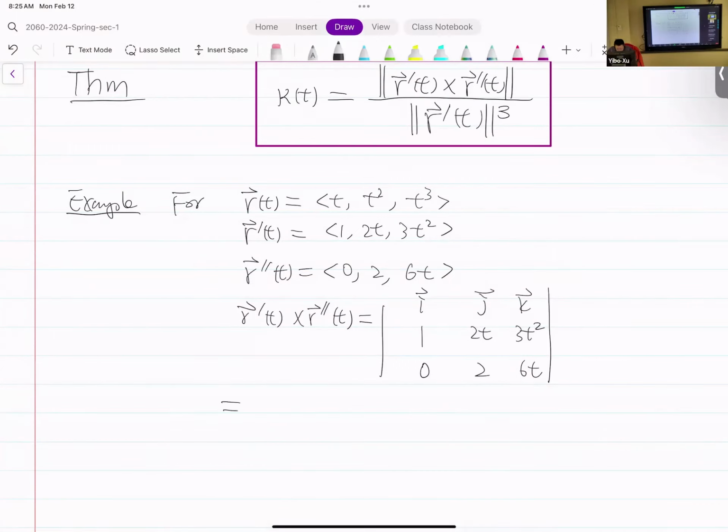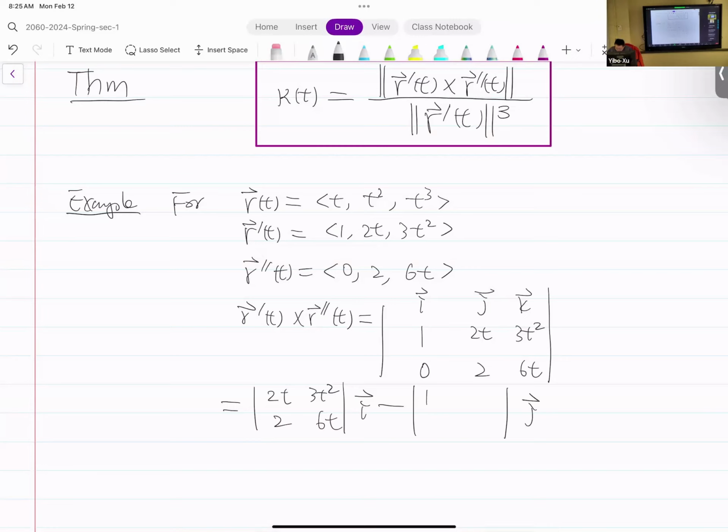So, okay, let's quickly be reminded about the process, okay? So for i, it's going to be the elimination of first row, first column, and then we have a two by two, order 2 determinant, right? That's in front of i. So it's 2t, 3t squared, 2, 6t. This determinant in front of i minus the 2 by 2 that you get when you eliminate the first row, second column.